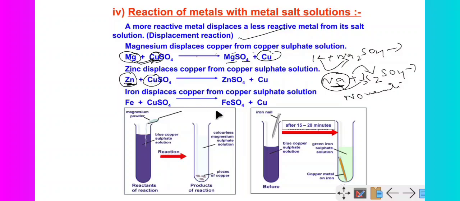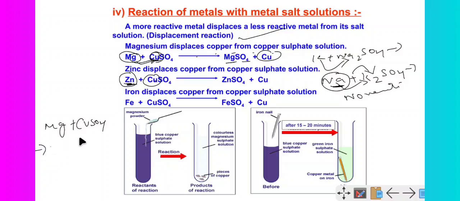Okay, so in this case, magnesium powder is added, and you can check what the reaction is. Blue copper sulfate solution is there, pieces of copper form, and colorless magnesium sulfate solution is formed. So magnesium is added to what? Copper sulfate solution.